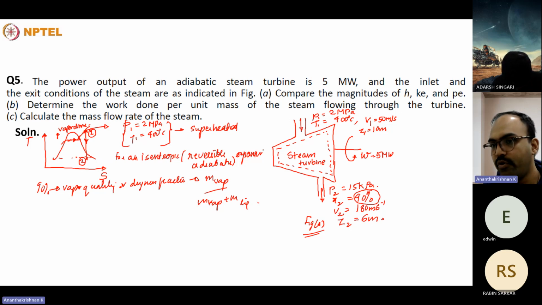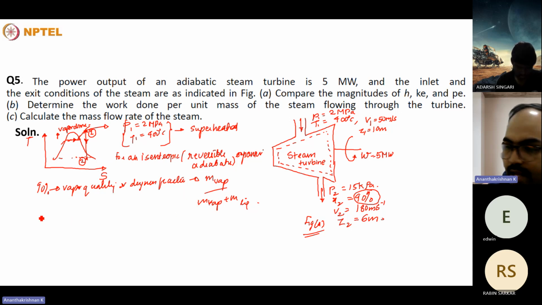So yeah, the state point one, it will be having pressure of 2 megapascal, temperature of 400 degrees Celsius. That's pretty much enough to identify the state point. So we can calculate it. I am not showing the steam table as such in this case, but I am using a software to determine it. You can use a standard steam table that's available in the market, that is used in the academy.